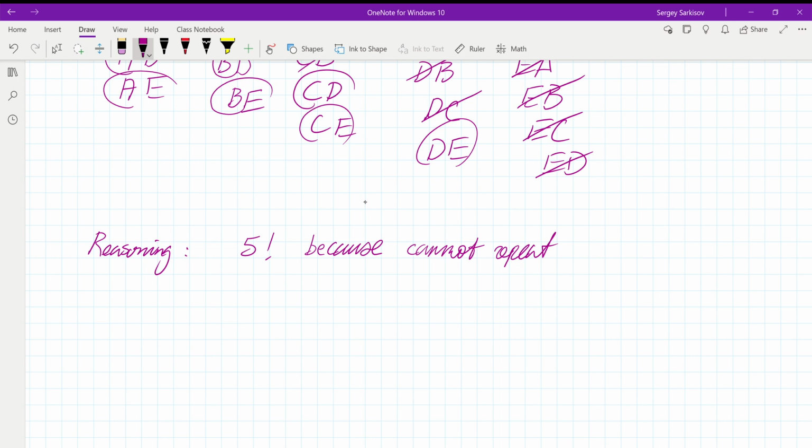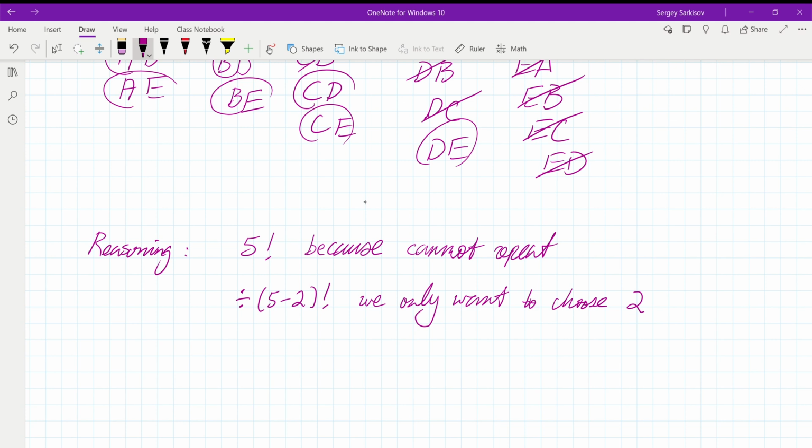Now, dividing by 5 minus 2, that's 3 factorial. Basically we only want to choose 2, not all 5. So we wanted 5 factorial over 5 minus 2 factorial, so you have 5 times 4 and you stop there.